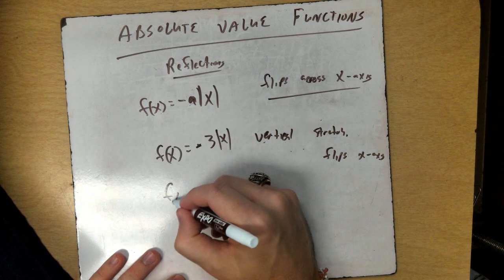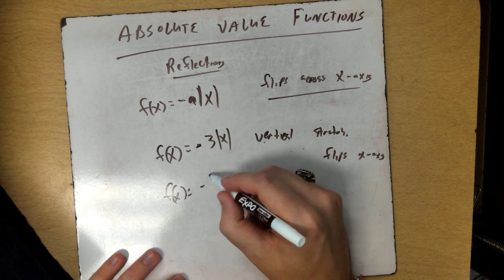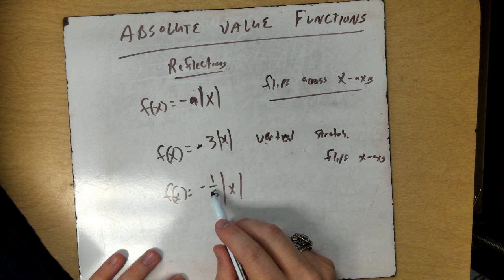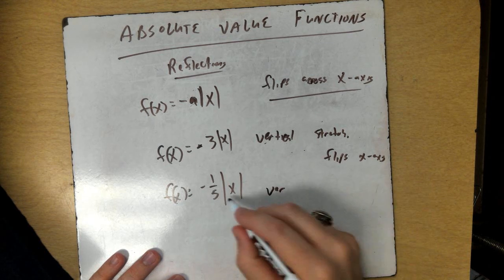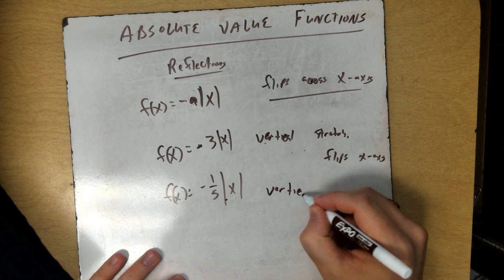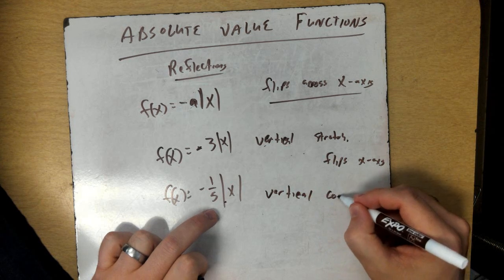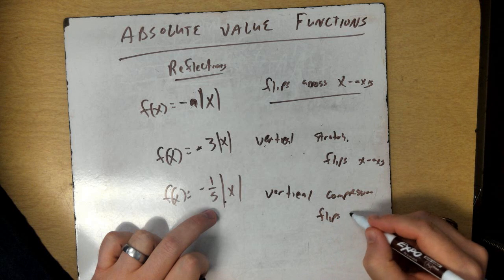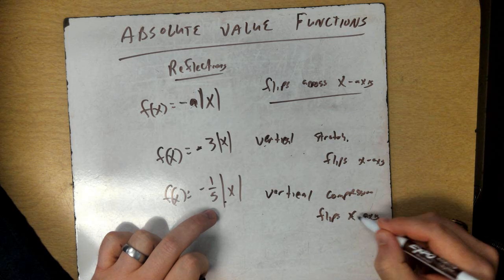And then if we have this where it's less than 1, same, it would be only the x in there. It's vertical, it's less than 1, so it's compression, and then it flips across the x-axis. Okay.